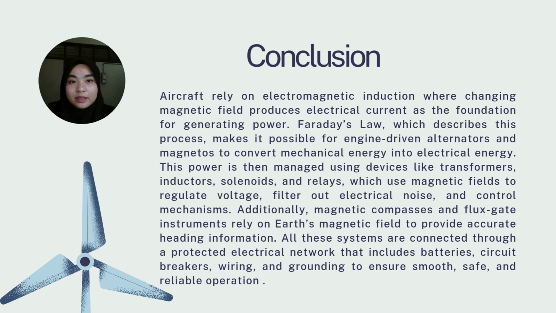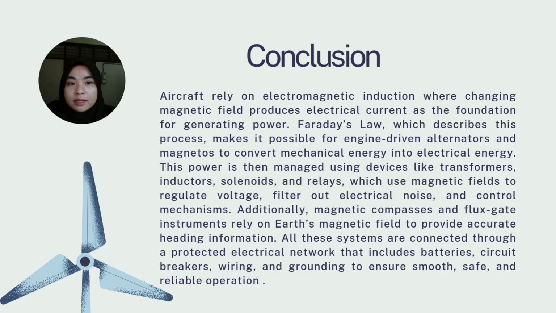To conclude, modern aircraft mostly rely on electromagnetic induction as described in Faraday's law, where a changing magnetic field produces electrical current to generate power. So when the power is generated, the power then will be managed using devices like transformers, inductors, solenoids, and relays that use magnetic field to regulate the voltage, filter out the electrical noise, and also act as control mechanisms.